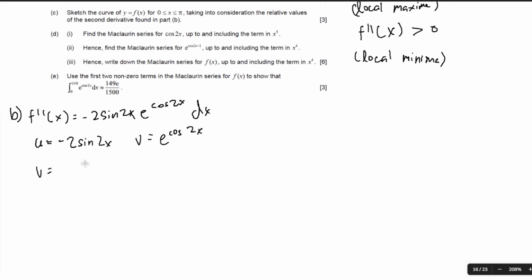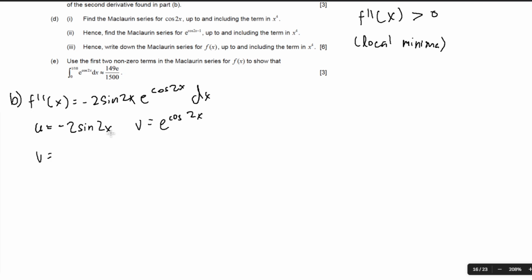Then u dash would be minus 4 cos 2x, as the 2 goes out here and the derivative of sine x is cos x, and our v dash would be minus 2 sine 2x times e cos 2x.